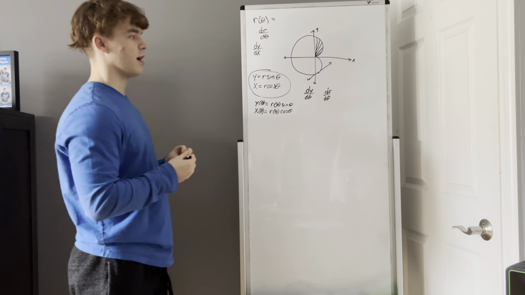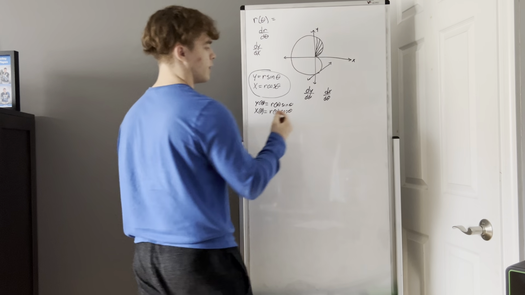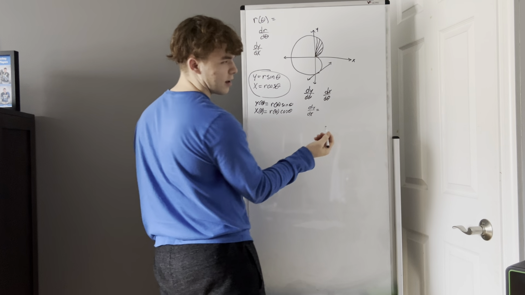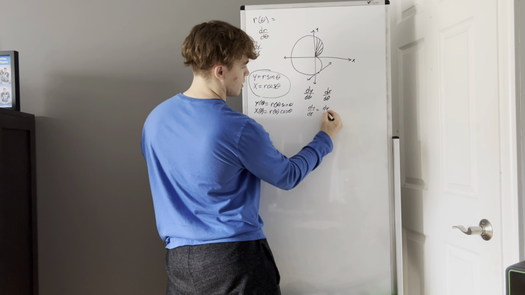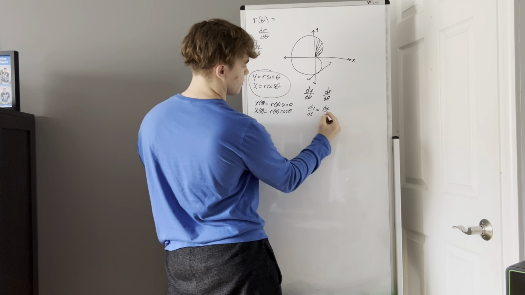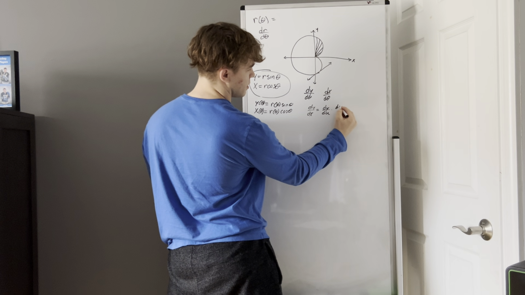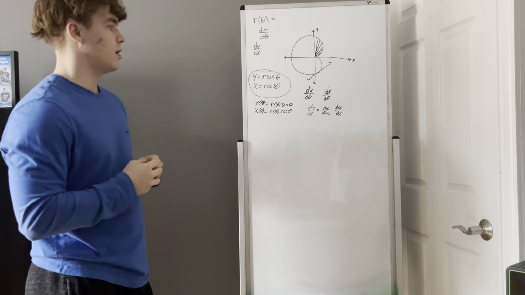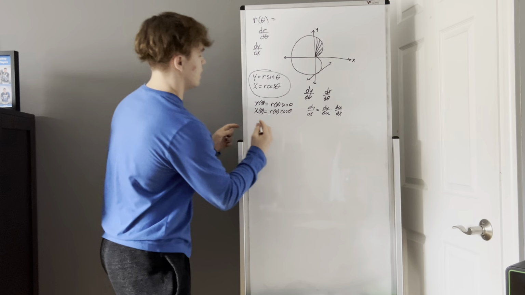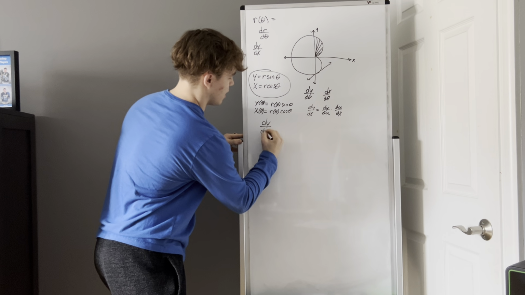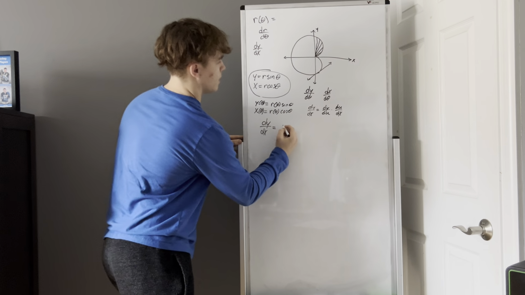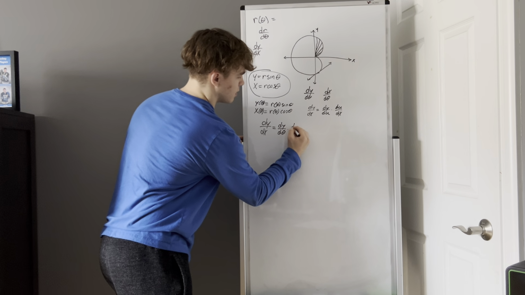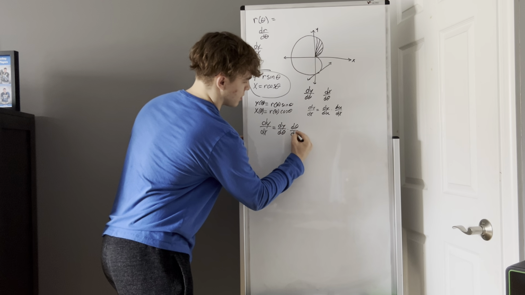But we want dy over dx. Now if we remember the chain rule, we can find dy over dx using, I guess you would call it an intermediate variable, say u, where you'd have dy du times du over dx. And so what we can do here is say dy over dx equals dy d theta times d theta dx.